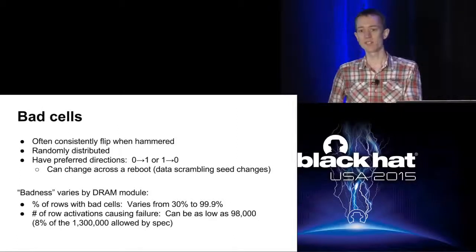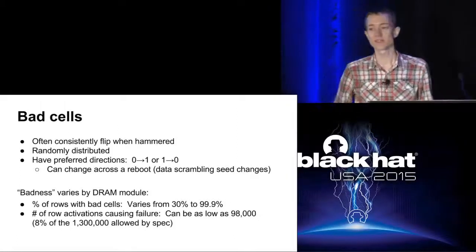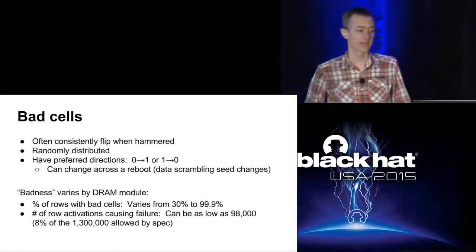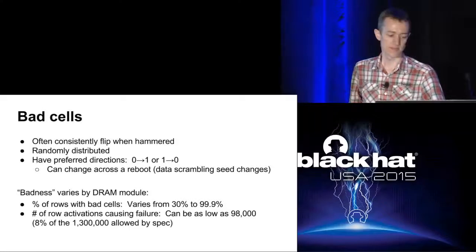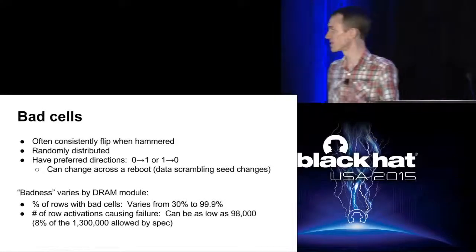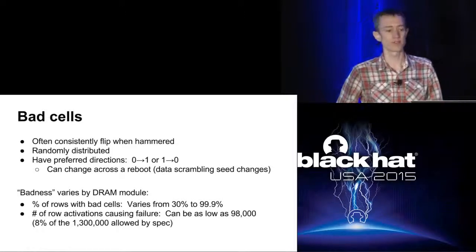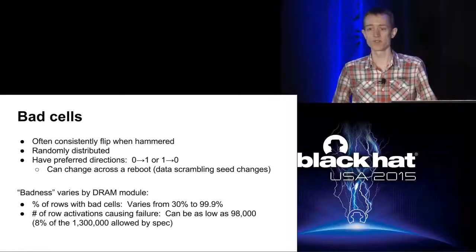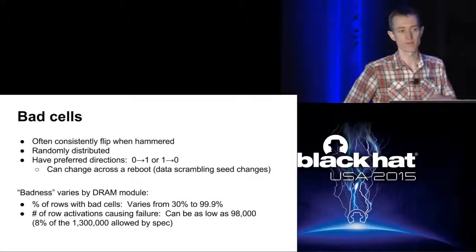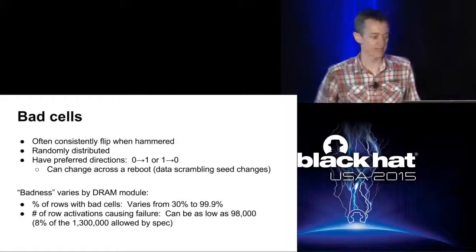That direction can change, though, across a reboot, because memory controllers tend to do this thing called data scrambling, and the seed for that scrambling is changed on a reboot. So this proportion of bad cells can vary quite a bit between DRAM modules. For example, the percentage of rows containing bad cells can vary from anything from 30% to 99.9%.